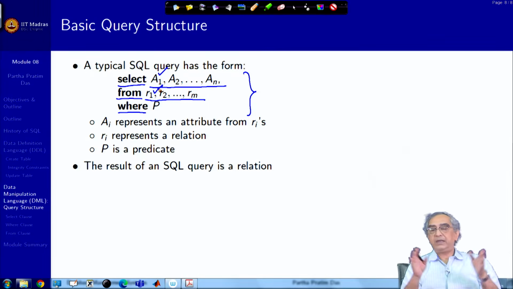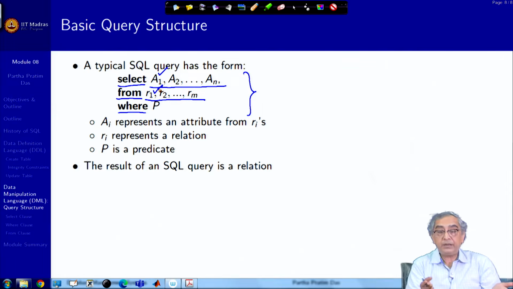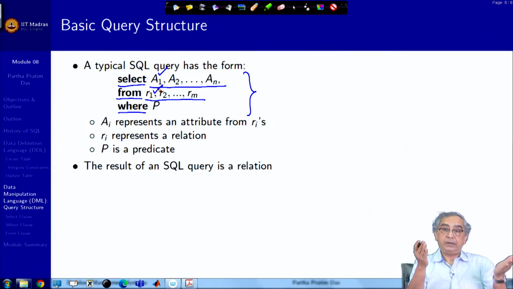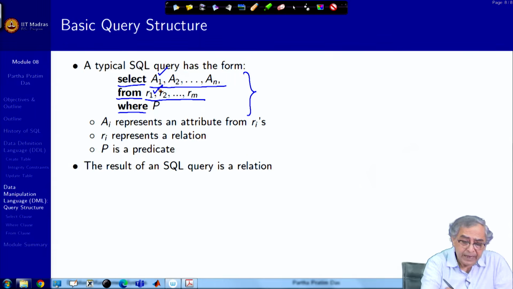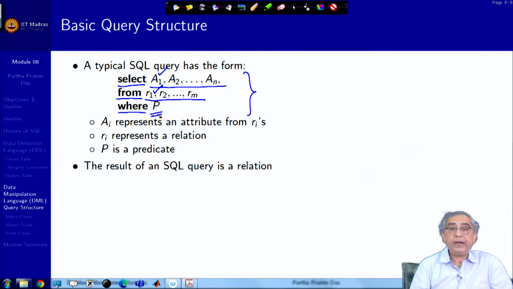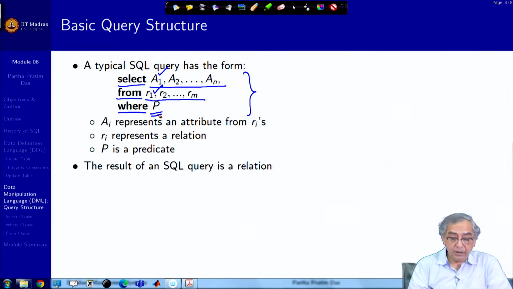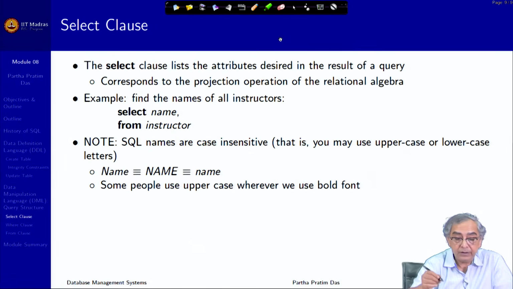It is not necessary to have multiple, but it is necessary to have at least one relation. And from one relation you may have multiple attributes that you are referring to, they are unified by the name of the attribute. And then finally, in where clause you have a predicate. Predicate is nothing other than a Boolean condition. So, let us take a deeper look into each one of them. We will go into each part of this query clause.